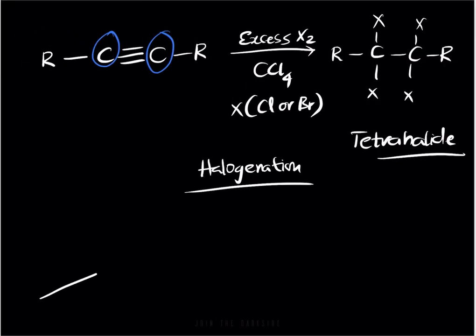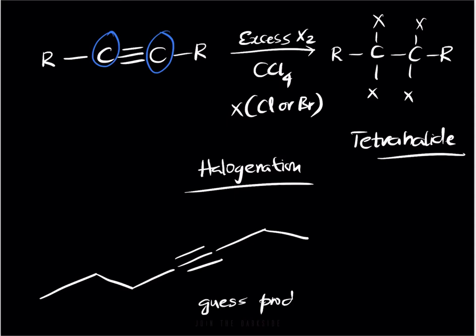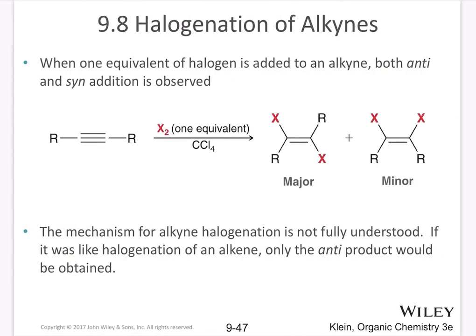So pause the video right here and try the problem and guess what would be the product. So halogenation can also have selectivity in terms of both anti and syn addition.